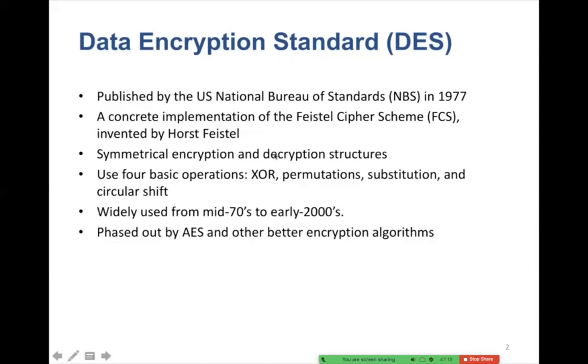All but the finite field operations, and for finite field operations, we have 4 of them, right? So addition, subtraction, multiplications, and divisions. So DES uses exclusive OR, permutations, substitutions, and circular shifts.